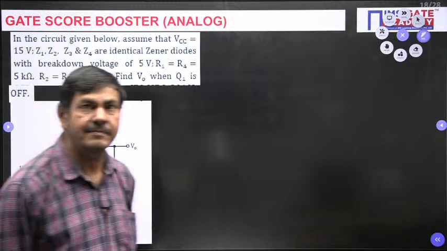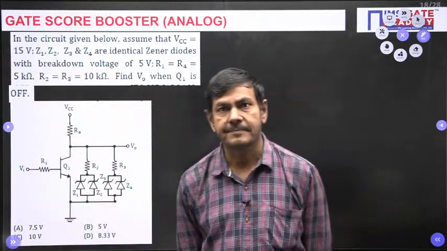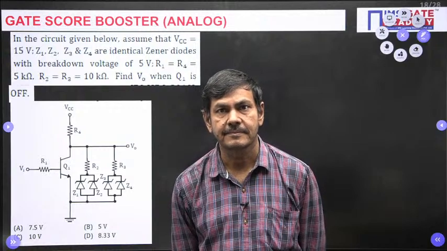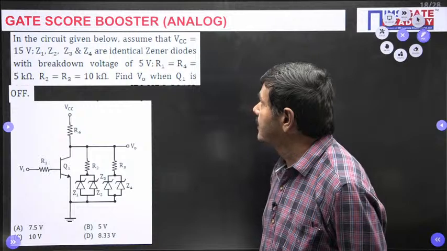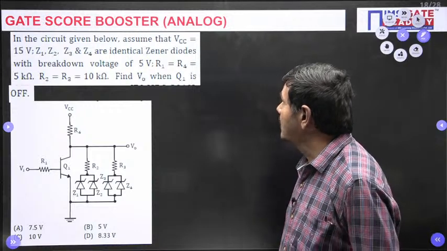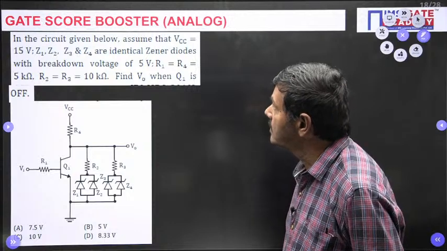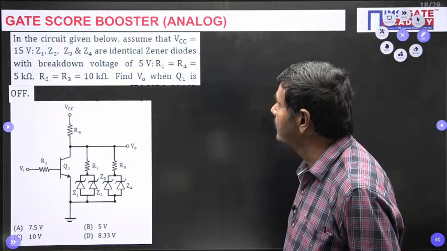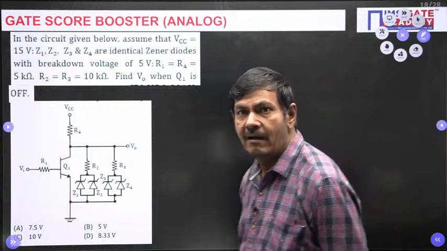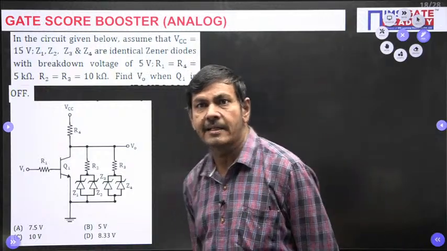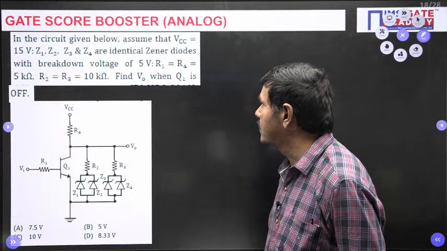The problem is given like this. In the circuit given below, assume that VCC equals 15 volts, and Z1, Z2, Z3 and Z4 are identical Zener diodes with a breakdown voltage of 5 volts.